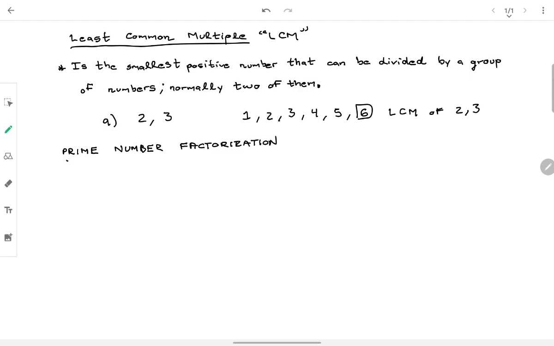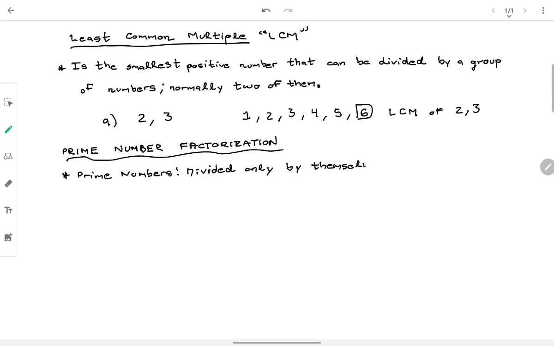So we will use prime numbers, and we need to define what prime numbers are. Prime numbers are those numbers that are divided only by themselves and by 1.